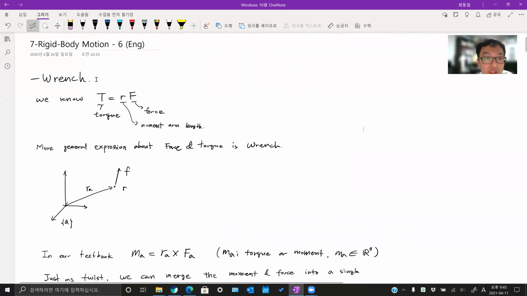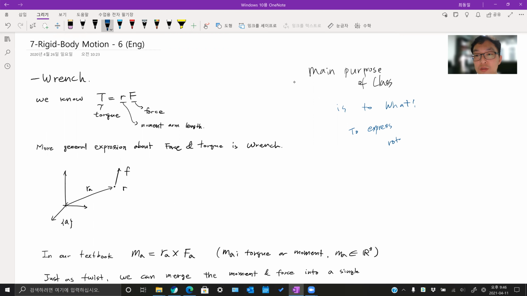Okay, let's start with wrench. As I already told you, the main purpose of our class is to express rotational motion and translation of motion together.